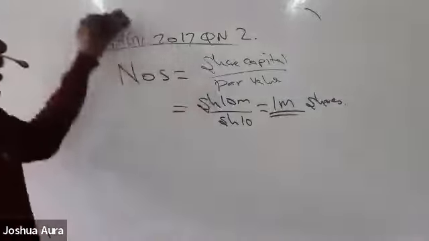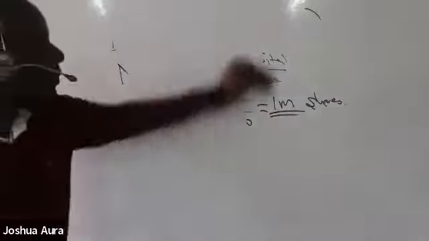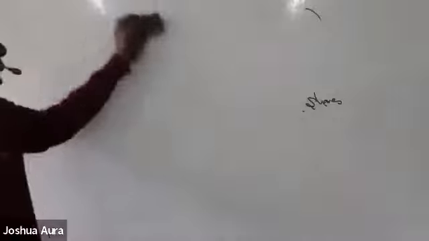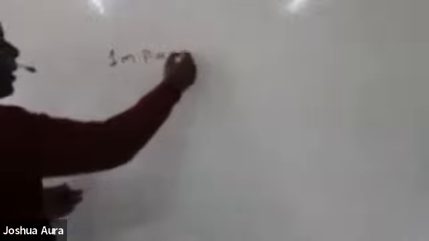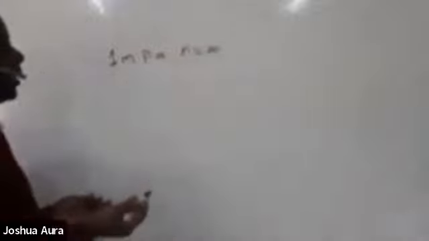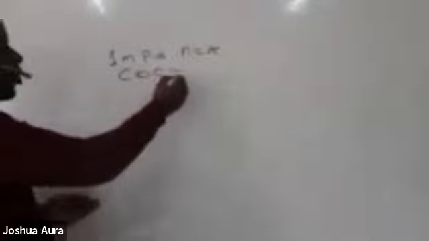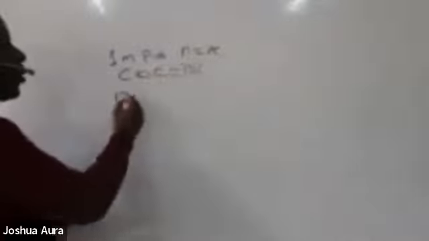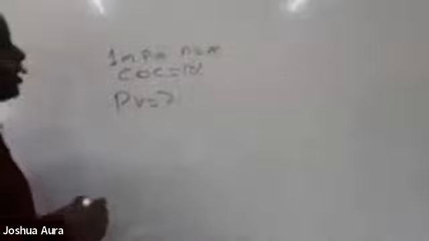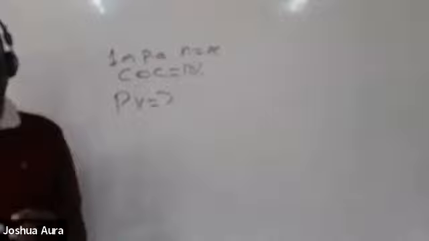So if you're told in this case, ladies and gentlemen, that we have some lady here who has somebody who has promised to be giving her 1 million per annum, where N is infinity, and then the cost of capital is 10%, then what will be the present value of her investment, of her promise?